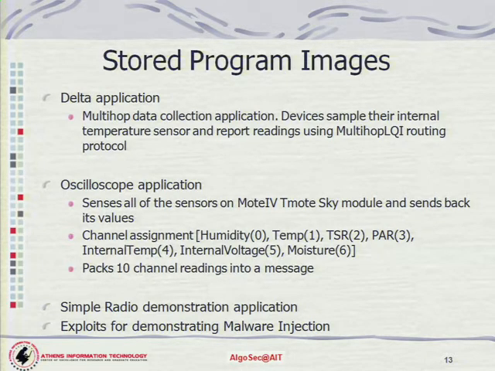We have the Oscilloscope application, which is similar to Delta, but it senses all of the sensors on the TmoteSky. We have 7 channels for monitoring humidity, moisture, voltage, and so on. Then it collects 10 channel readings and again broadcasts them to the base station.